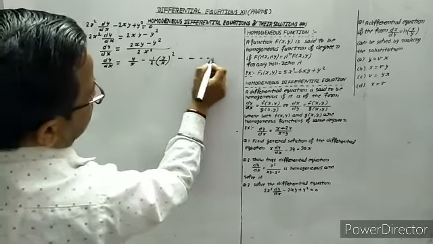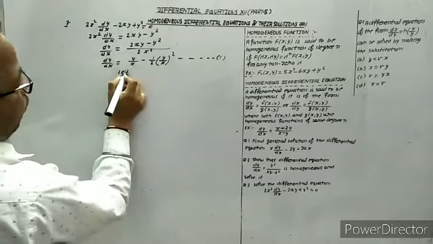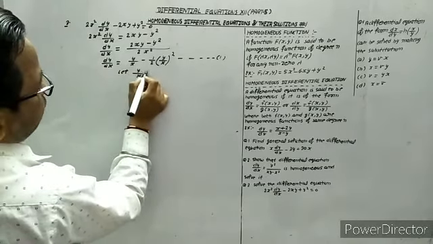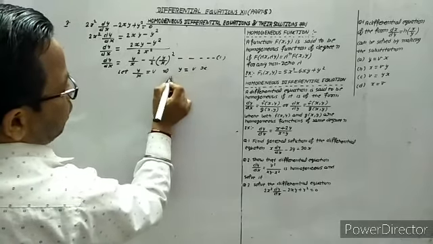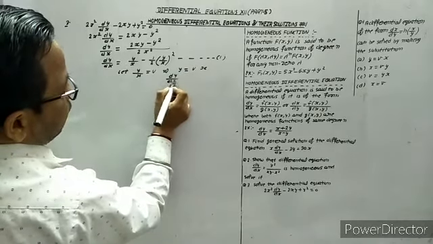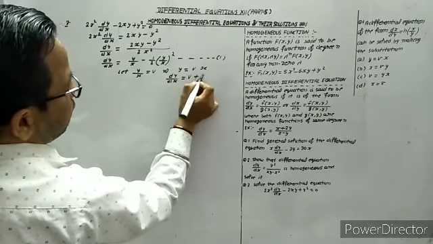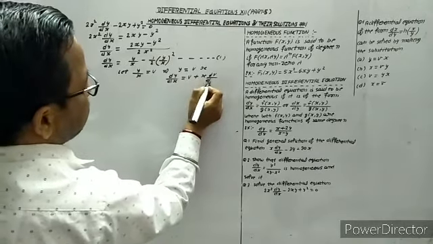Now this is the first equation. Let y upon x is equal to v. It implies that y is equal to vx. It means dy by dx is equal to v plus x dv over dx.